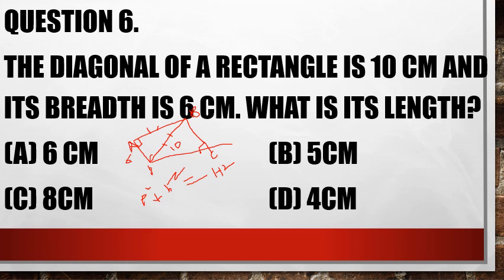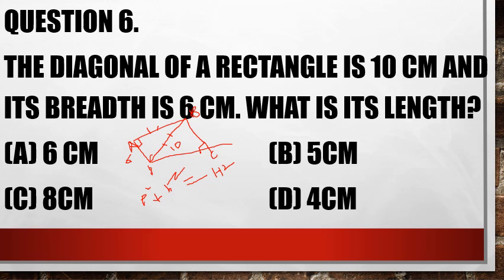So we have the measure of hypotenuse and measure of perpendicular. We have to find the base, that means the length of AB. AB is the length of rectangle ABCD. So p square means 6 square, 6 square equal to 36, and h square means 10 square equal to 100.